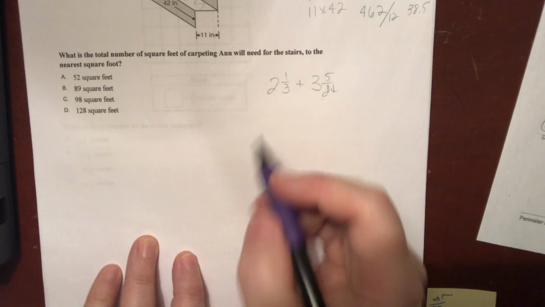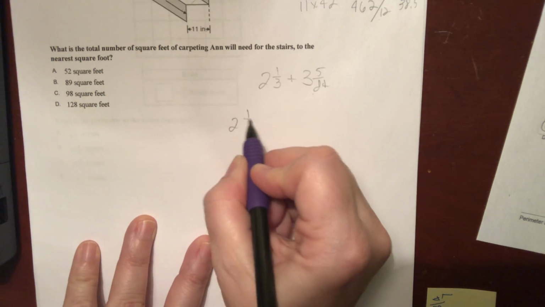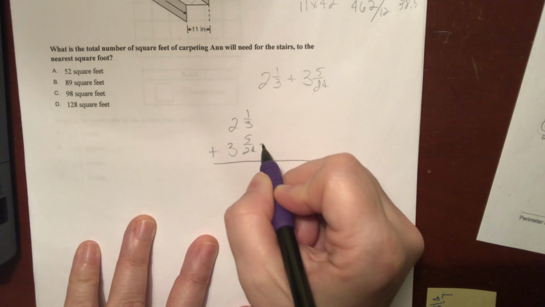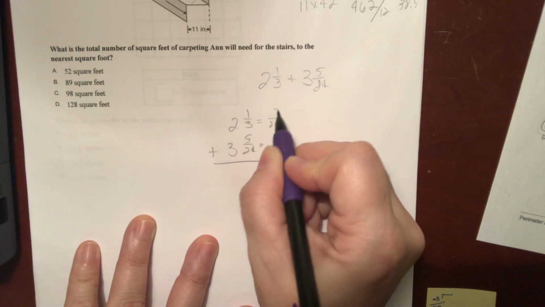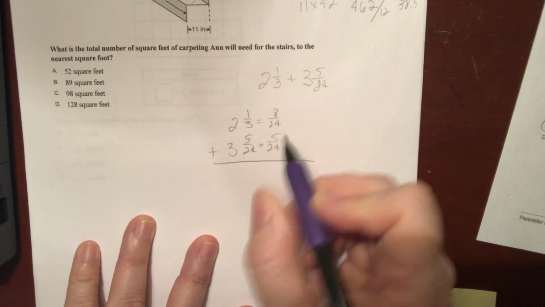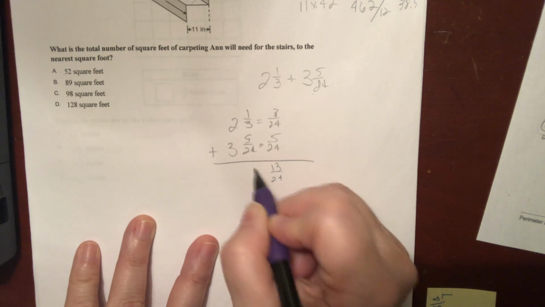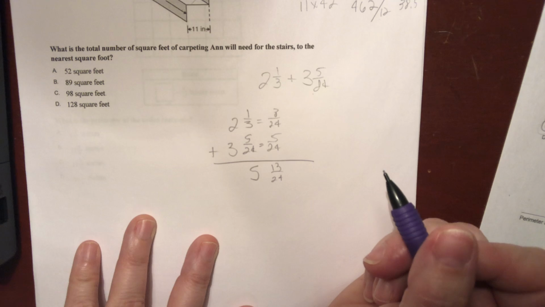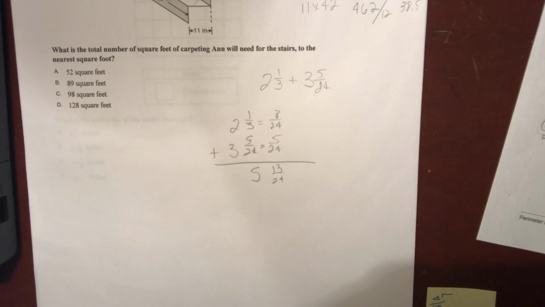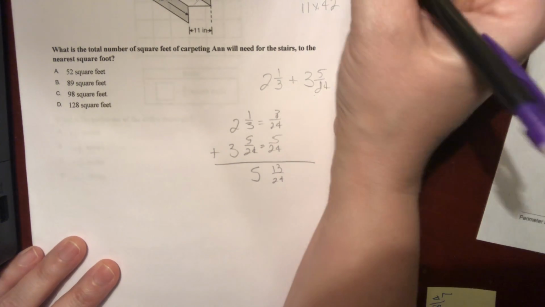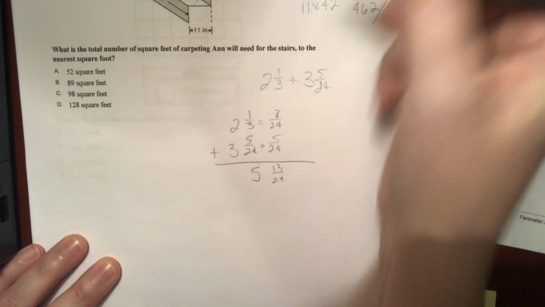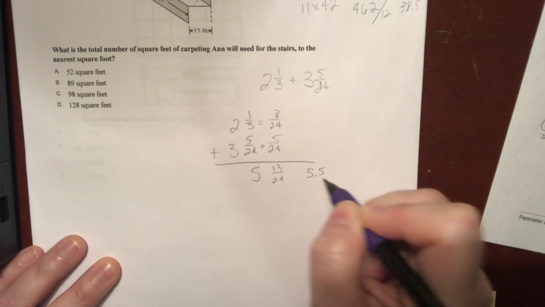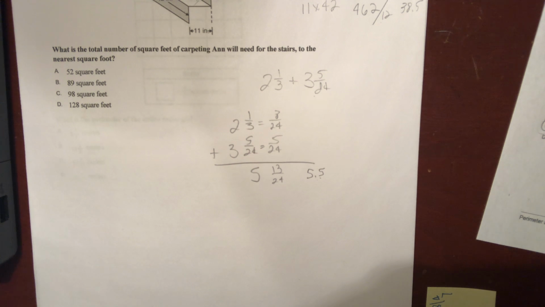So let's figure out what this is. 2 and 1/3 plus 3 and 5/24 is 5 and 13/24. Okay, and then how many of these do we have? We have 16. All right, 13/24 is pretty close to 5.5. So I'm going to do 5.5 times 16.